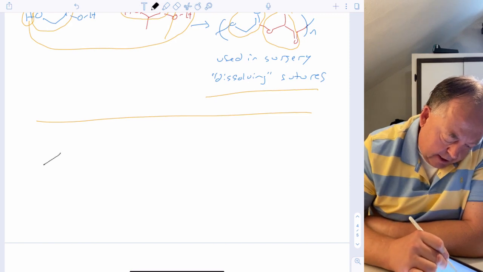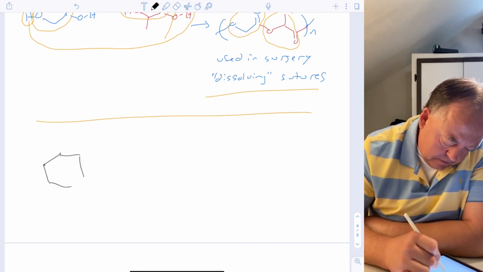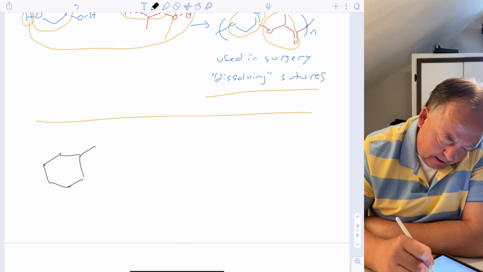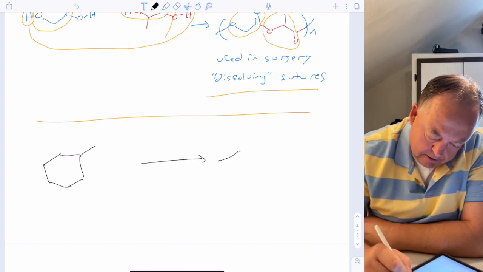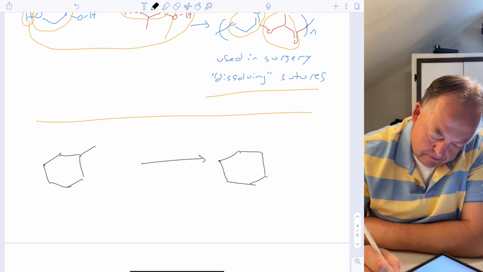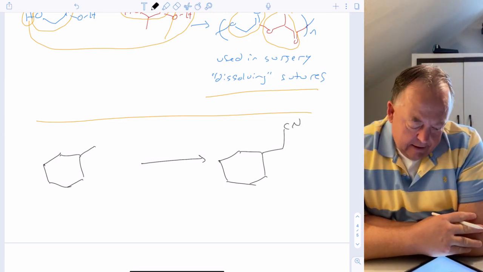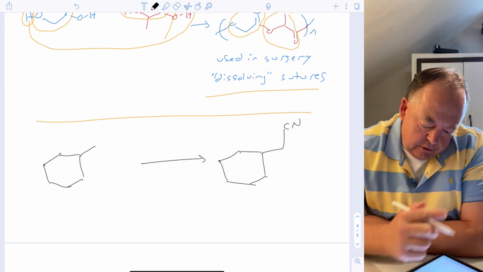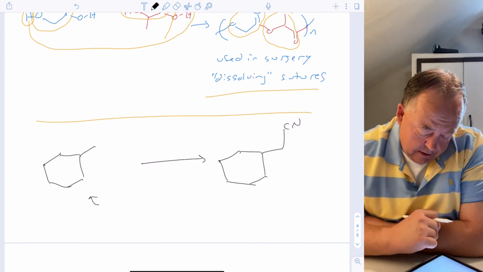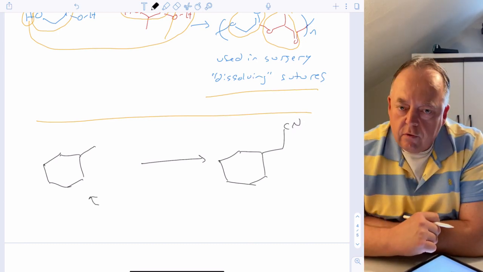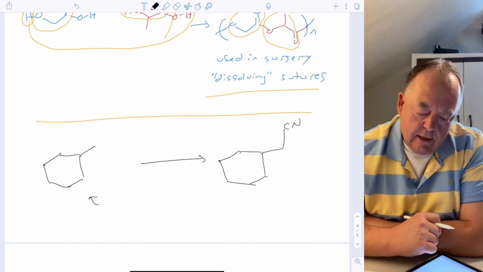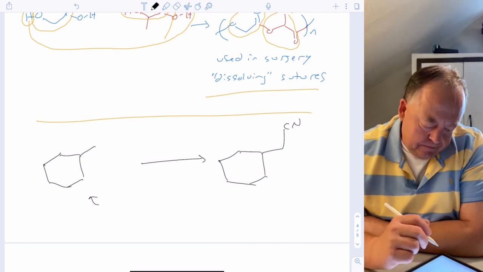So let's say you had this molecule and you wanted to make this molecule. And so as long as you use this somewhere in the synthesis, you can use whatever other reagents you want in order to make the product.